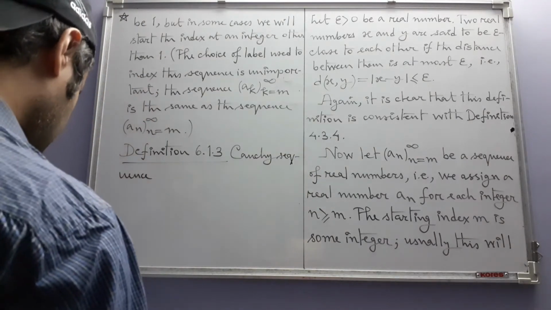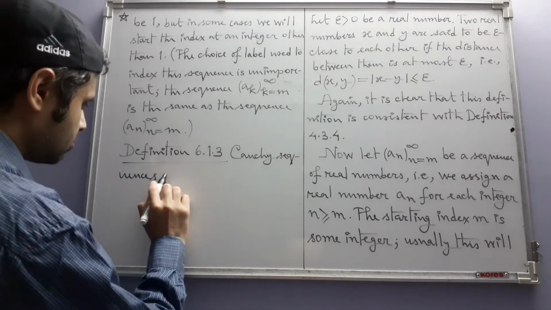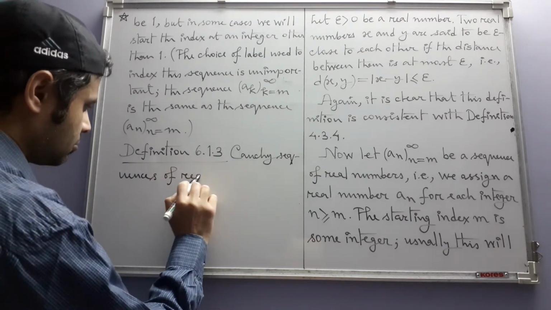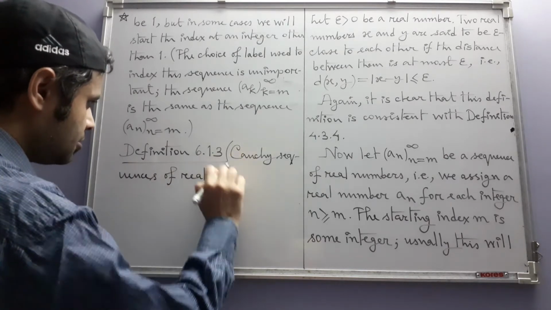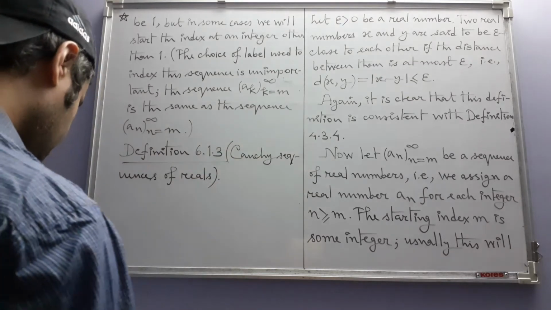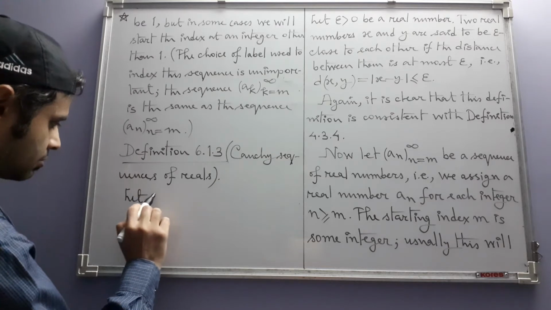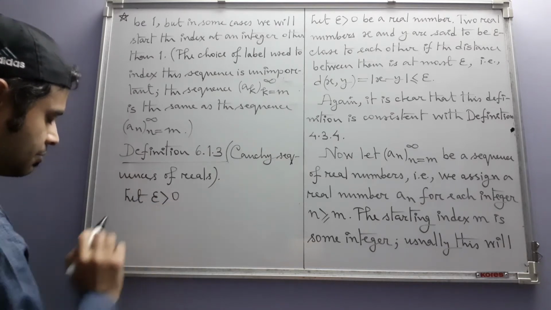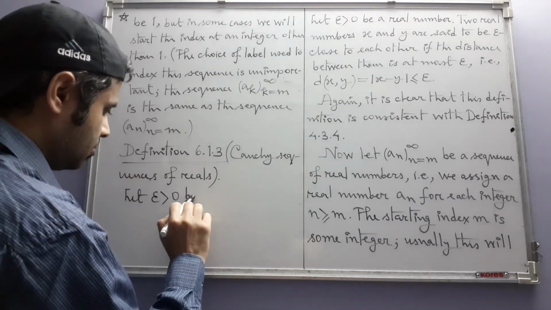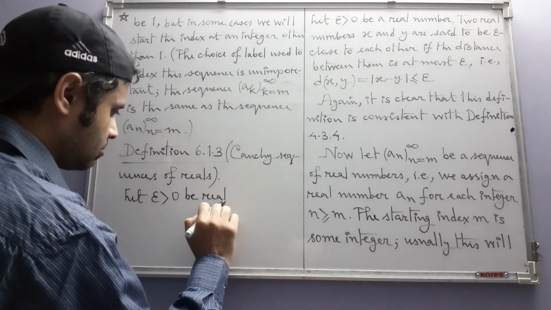Definition 6.1.3, Cauchy sequences of reals. Reals means real numbers. Let epsilon greater than 0 be real.